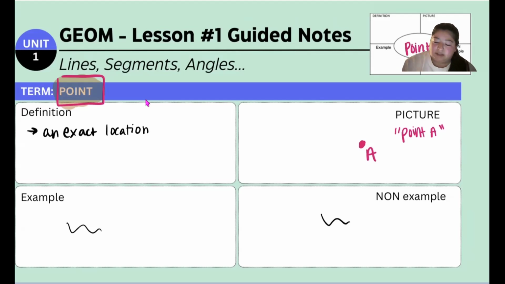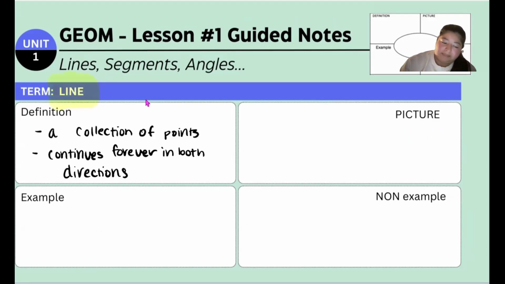Again, Edpuzzle will pause. We'll continue. Next one is a line. So a line is a collection of points. Collection of points, that means we can have multiple points, many points, and it continues forever in both directions. So something that has many points and continues in both directions. Let's say I have point A here, which is on this line.